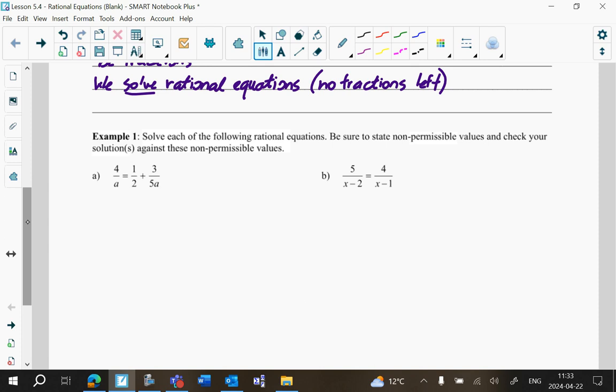Like this would be a rational expression. I'd ask you to add those together and your answer would be a fraction. This is a rational equation. We got to get rid of the fractions and figure out what A is. But before we do that, we have to state the non-permissible values or the restrictions. What can't A be? 0. Any other numbers? Or just 0? Just 0.